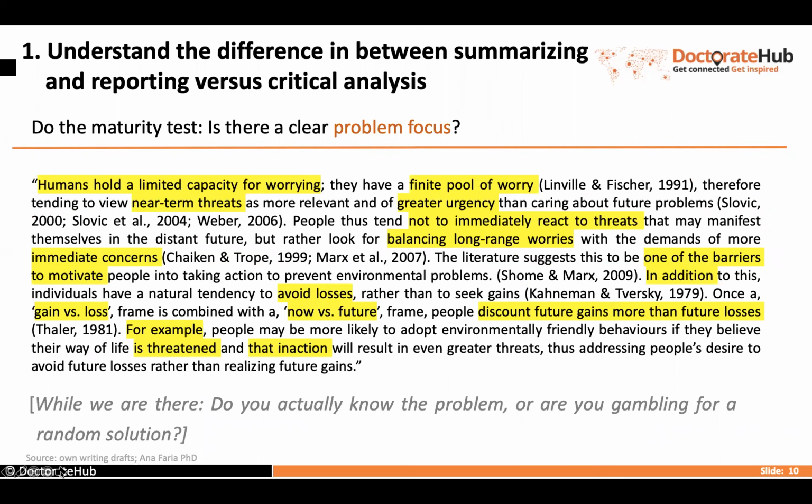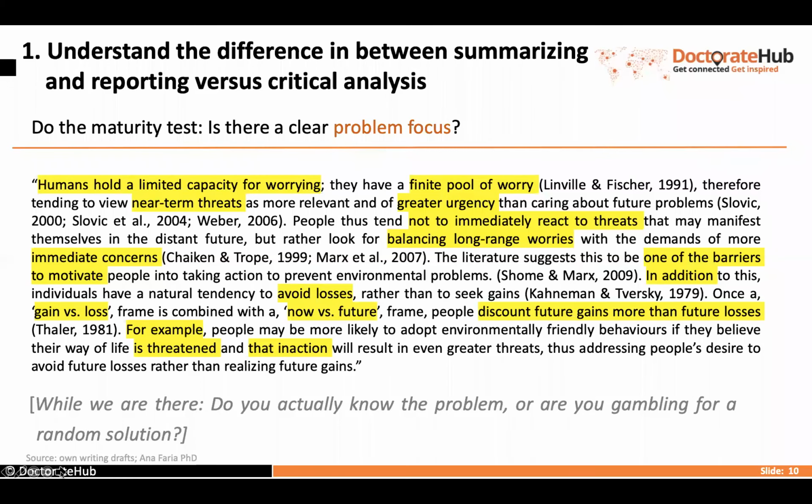Now, in this example, you see, for example, that the higher level problem focus is a limited capacity for worrying. The entire section or paragraph here follows from that. All is geared towards looking at worrying. That comes out clearly if you just look at all of those yellow highlighted words. They are all either at the same level of worries, or they are related to worries at a lower level.